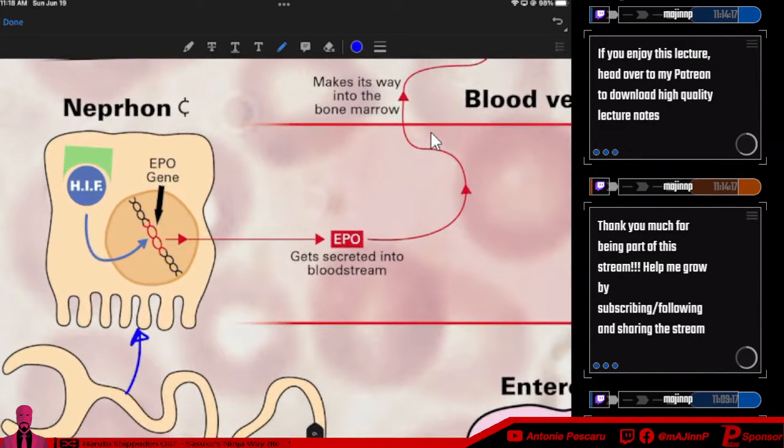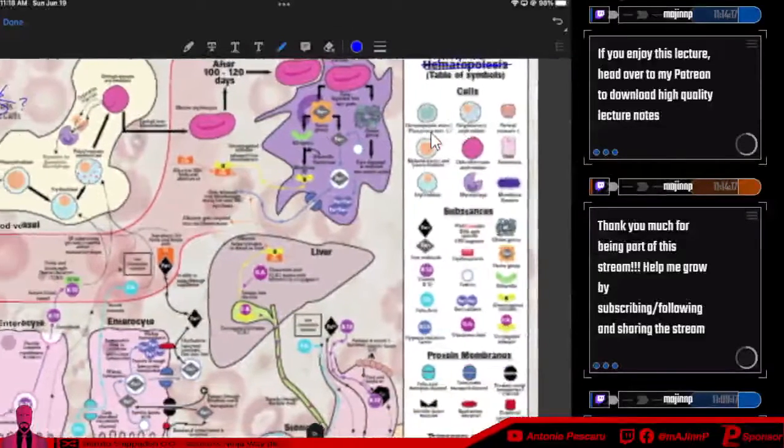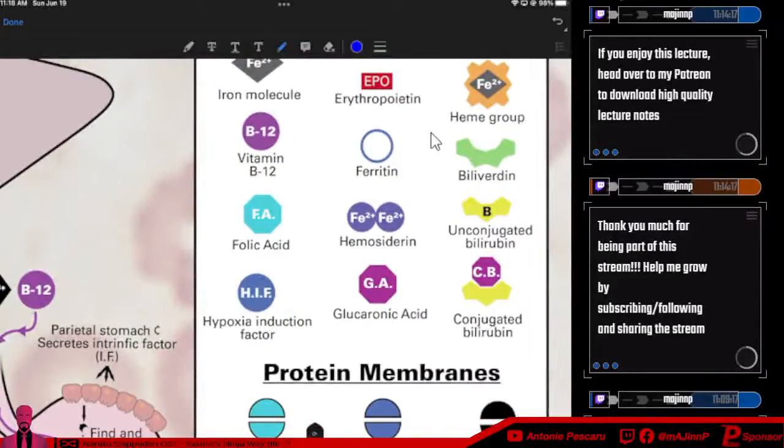Usually there's going to be a protein that usually binds on the, I think it's hematopoietic intrinsic factor. I'm just going to make sure that I'm not spewing any BS.